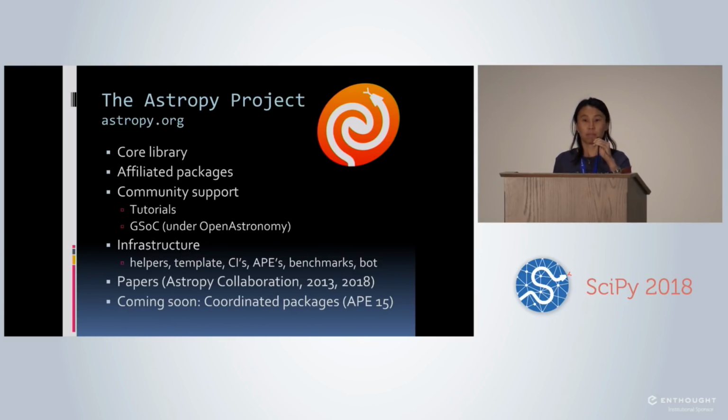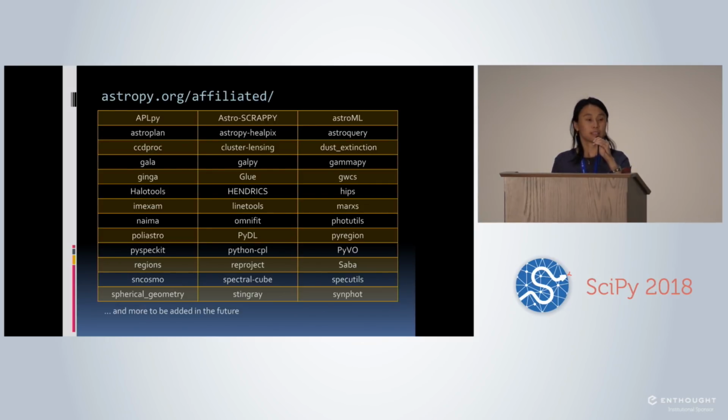Once in a while, we also publish science papers. We published one in 2013 and just published a follow-up paper this year. And coming soon in coordinated packages, if you want to know more about it, you can read APE 15. Due to time constraints, I won't talk too much about that. So here are the affiliated packages.